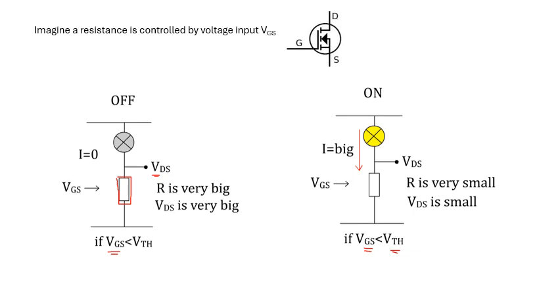So all of the voltage is across this bulb in this case, and a large current flows down this potential divider circuit. So you've got this small voltage VGS, which is controlling a resistance, and the resistance is either very big if it's off, or very small if it's on.